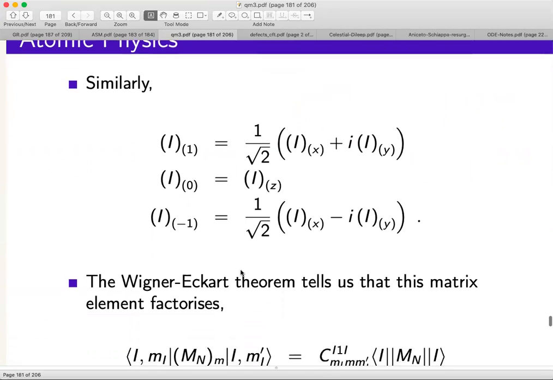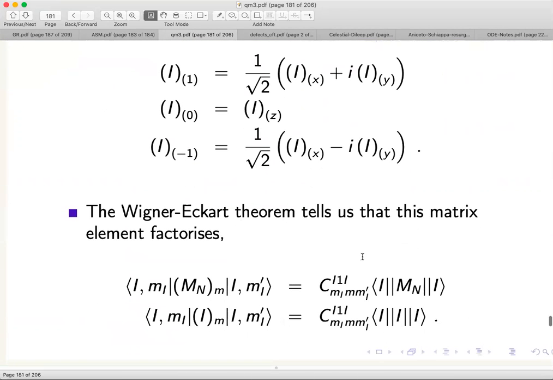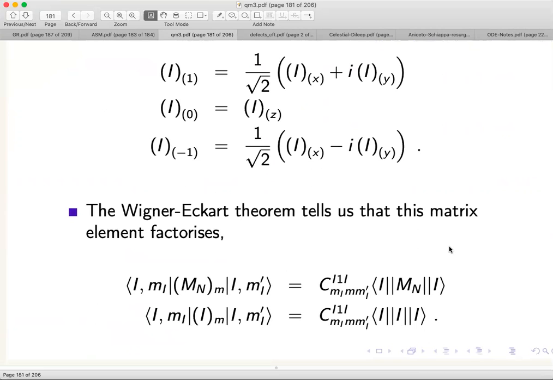Now, the Wigner-Eckart theorem tells us the following. If you are computing a matrix element of a spherical tensor, in this particular case of course we are looking at only a vector quantity, then that matrix element is written in terms of the Clebsch-Gordan coefficient times the reduced matrix element of that operator in the states where the magnetic projection is not important.